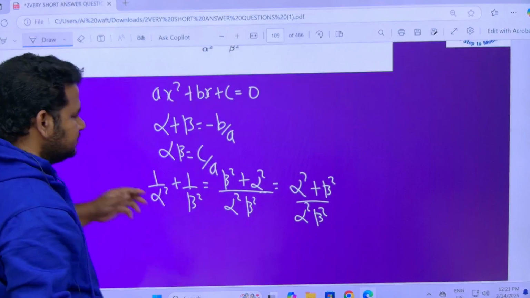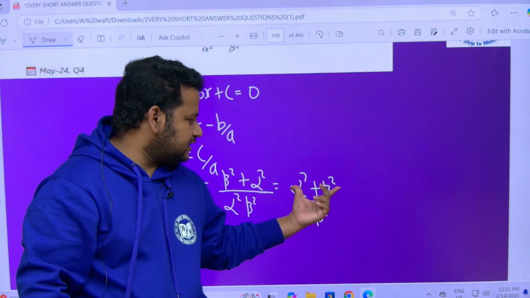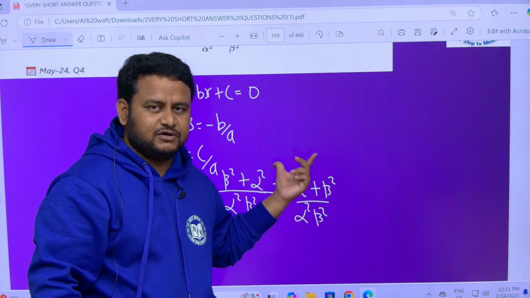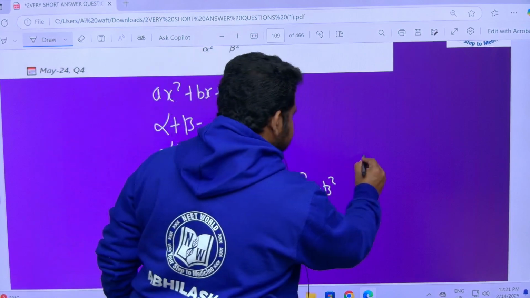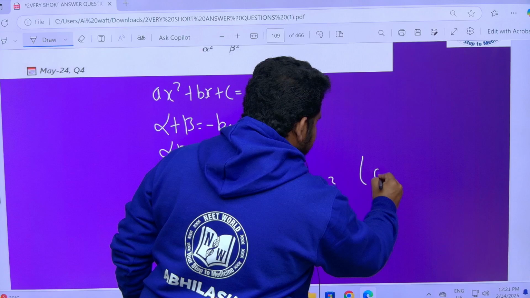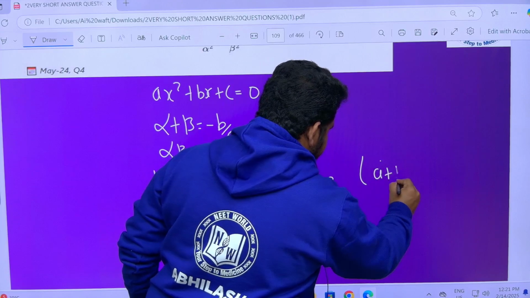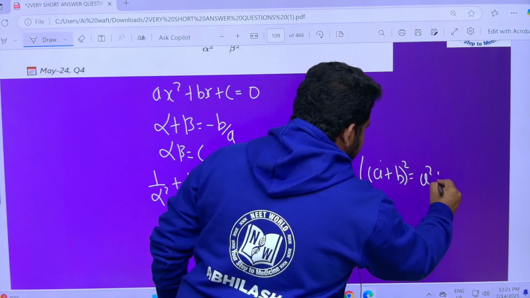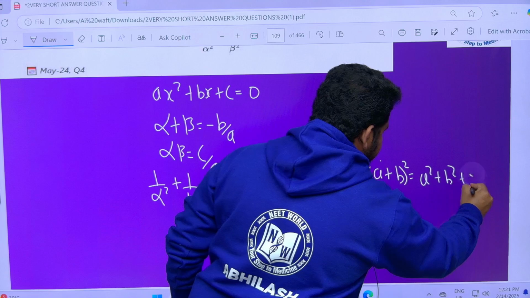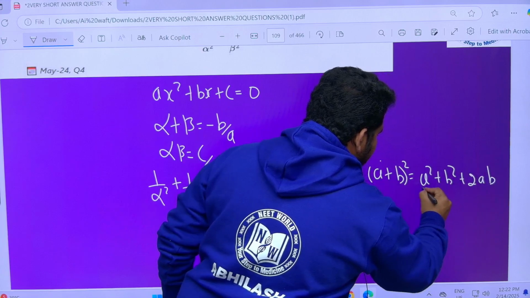Now, friends, look at the numerator. It is of the form a square plus b square. Here I'll write it. See here, friends. Suppose a plus b whole square can be written as a square plus b square plus 2ab. Suppose I want only a square plus b square.